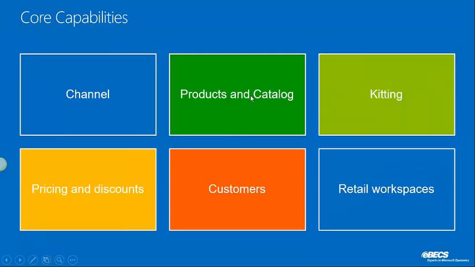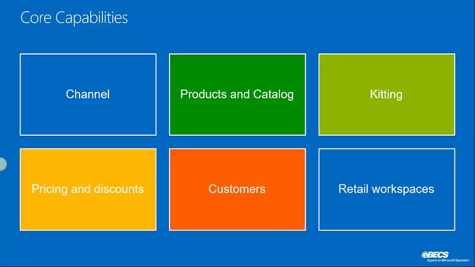Let's talk about the core capacities of retail merchandising in AX. I see it divided up into 6 different sections. You've got your retail channel, which I've already discussed is the be-all, end-all of your warehouse, and you have to have that set up.